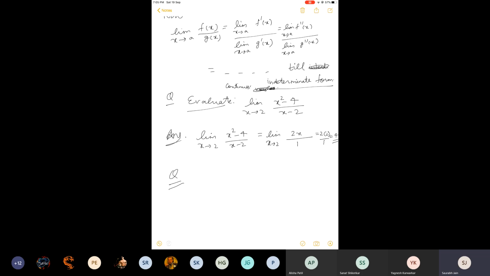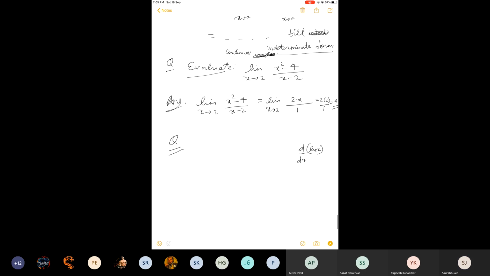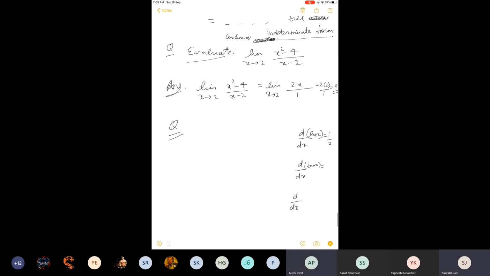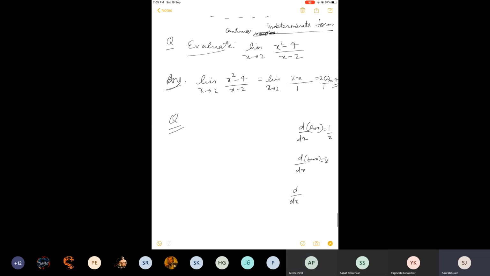I would like to ask some of the formulas. I hope you know this. Can anyone tell me what is d by dx of log x? What is differentiation of ln x? 1 by x. Yes, correct. What is differentiation of 10^x? Yes, that's correct.